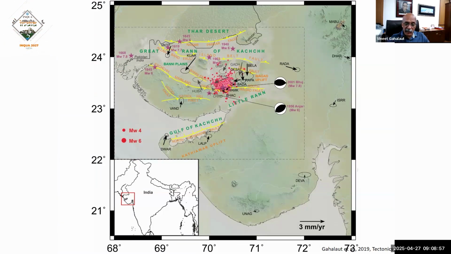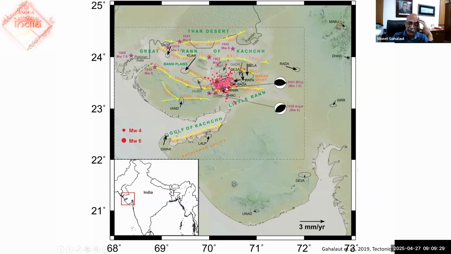What their GPS measurements tell us, again with respect to the Indian plate, holding the Indian plate fixed, look at it very carefully. This is the Kachchh mainland fault, and all the sites here are moving towards north, and all the sites here are moving towards south. So there's some compression going on here across the Kachchh mainland fault, which is responsible for the occurrence of these earthquakes.